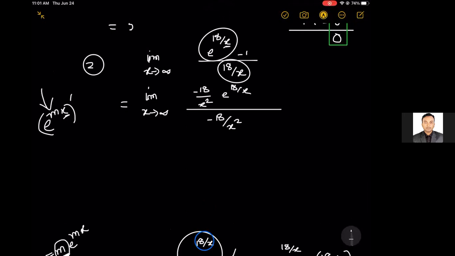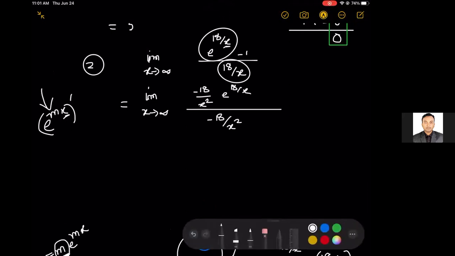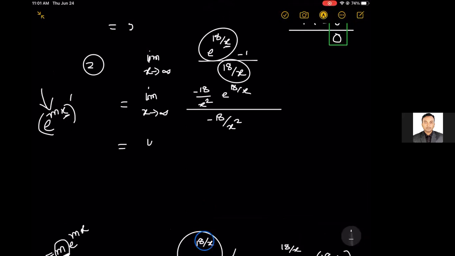Did I do it right? Hopefully I have. I think it's right. All right, so we can actually cancel this out and rewrite it as e to the 18 over x.